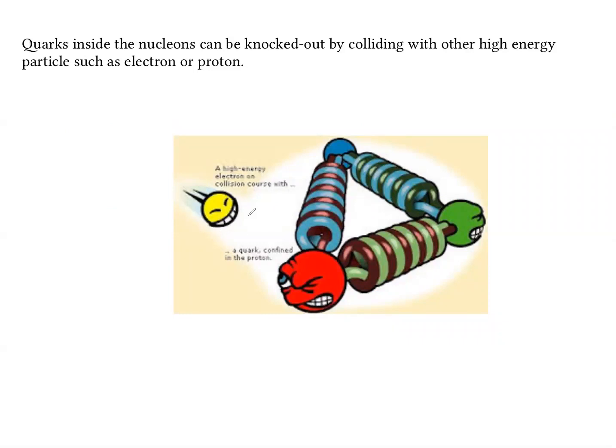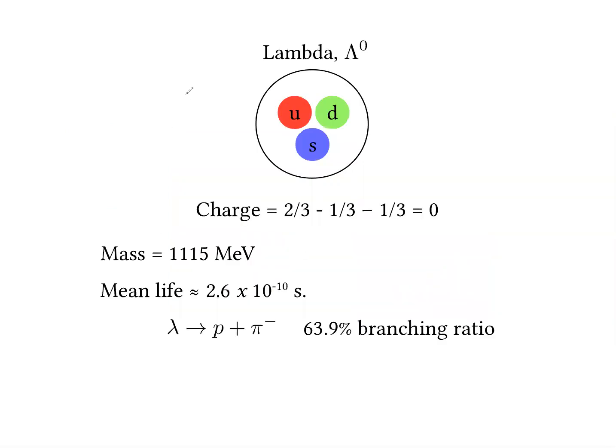When this kind of collision happens, some new kinds of particles are produced. One of them is the lambda, whose charge is 0. It is made up of up, down and a quark called a strange quark. It has the name strange because the particle was produced and detected with some strange behavior which could not be explained based on the available theory.